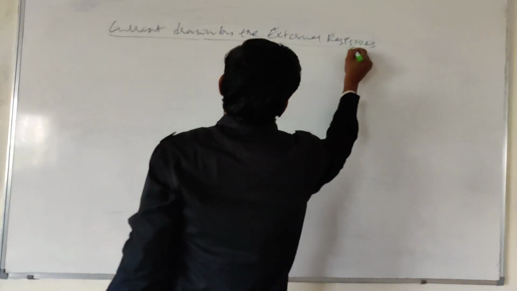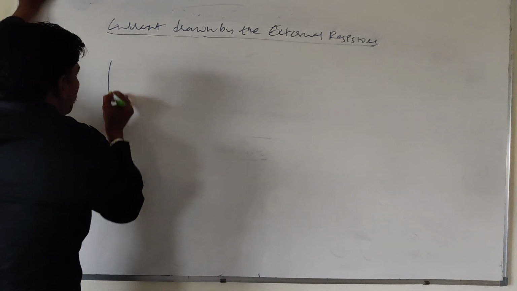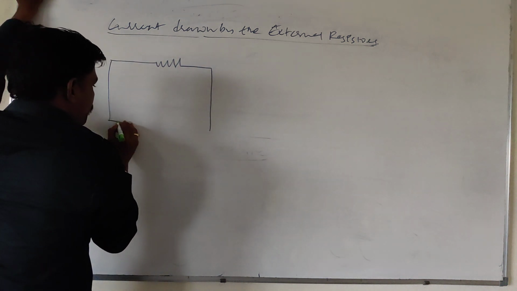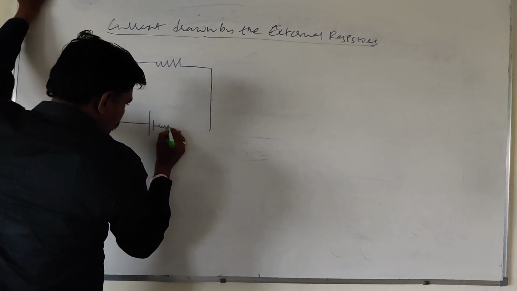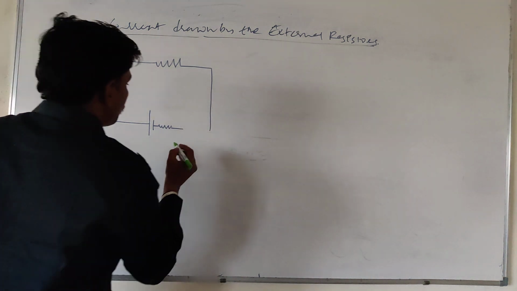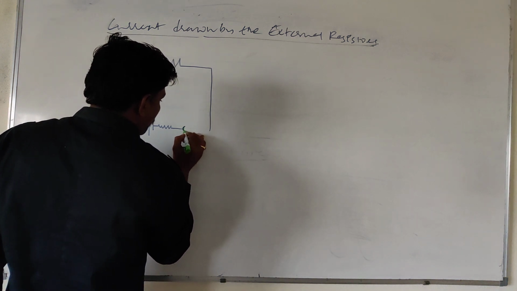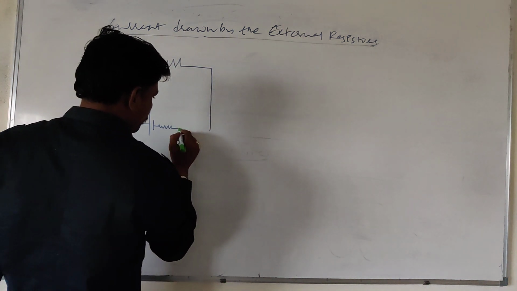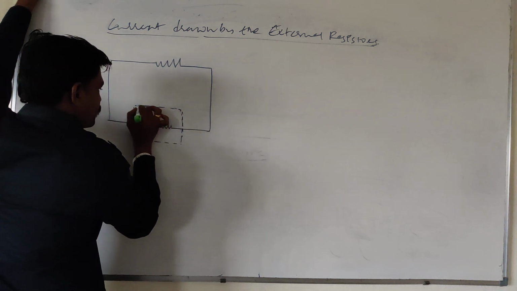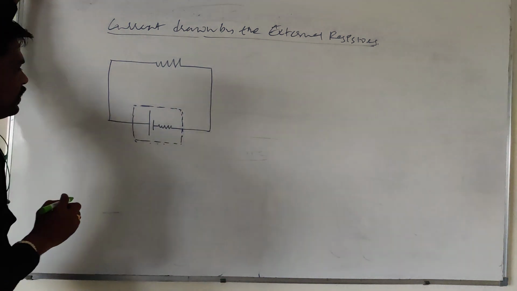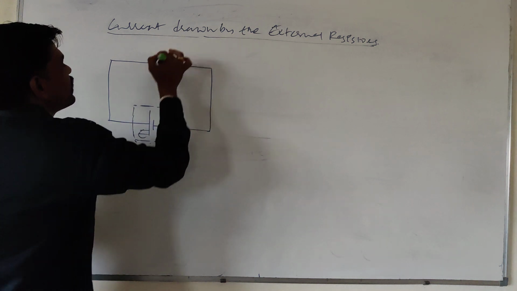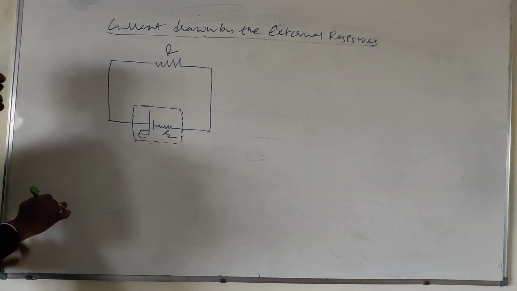See here, this is the EMF. This is the small internal resistance. And this is our external resistance. Current is going in this direction, right?